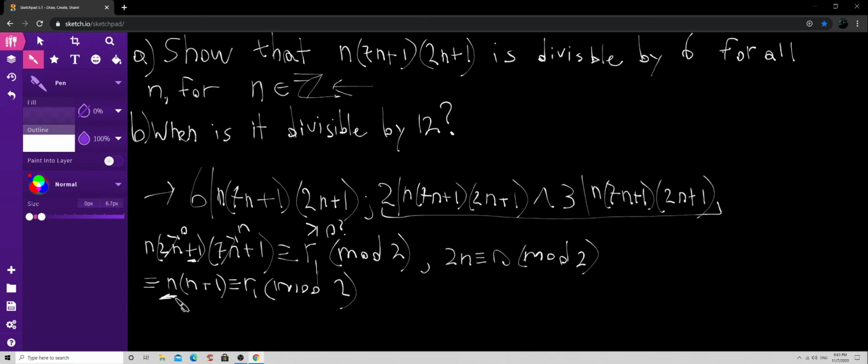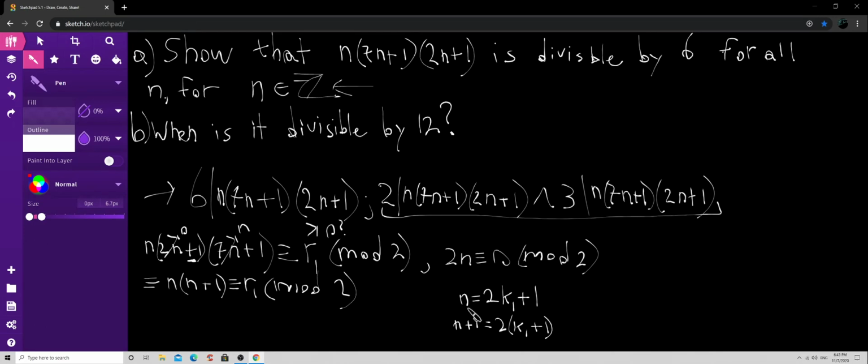If n is odd, then n will take the form 2 times some k sub 1 plus 1, and therefore n plus 1 would equal 2 times (k sub 1 plus 1), and this is now a multiple of 2. This is divisible by 2. That's why that works.